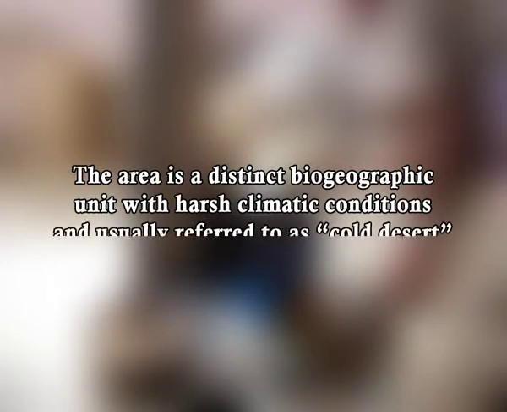The Trans-Himalayas stretch for a distance of about 1000 kilometers in east-west direction, and its average width varies from 40 kilometers at the eastern and western extremities to about 225 kilometers in the central part. The area is a distinct biogeographic unit with harsh climatic conditions and is usually referred to as cold desert.